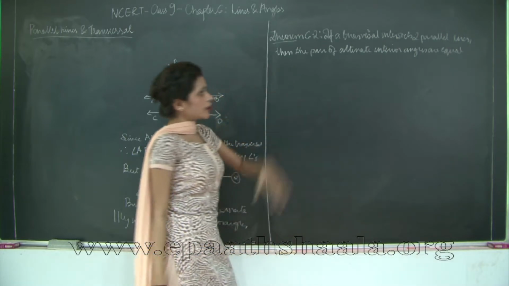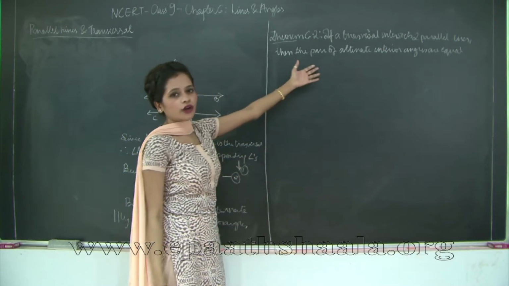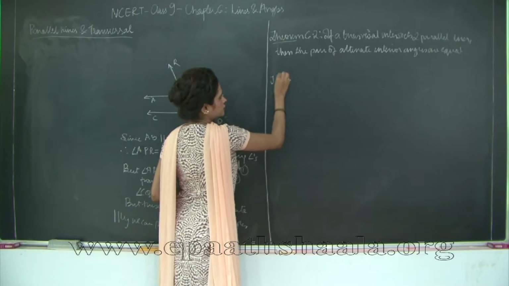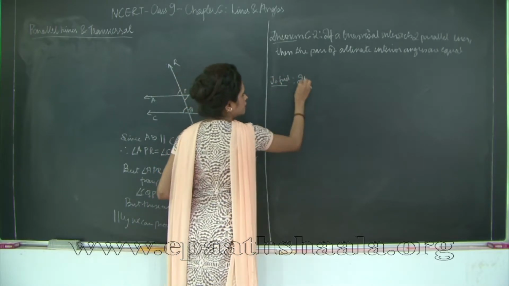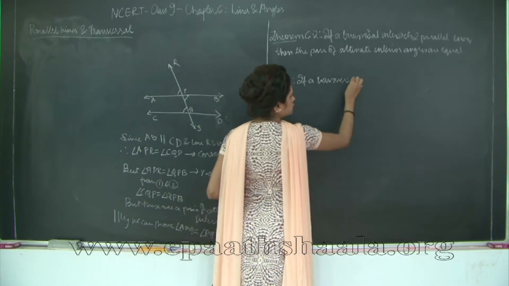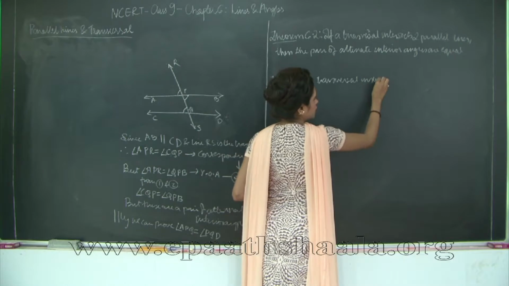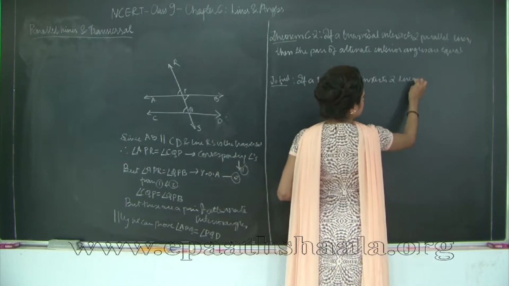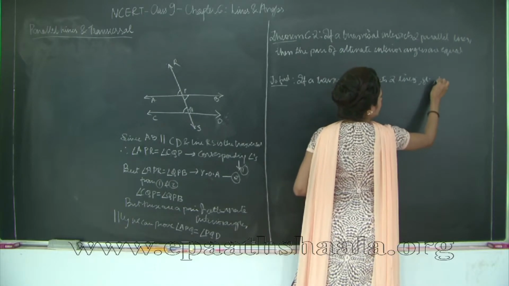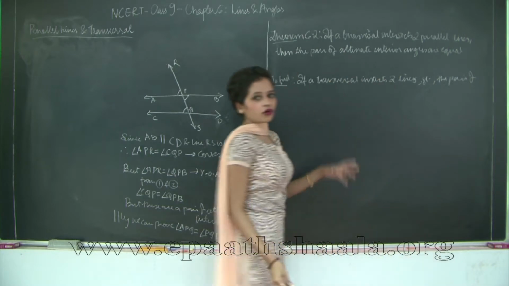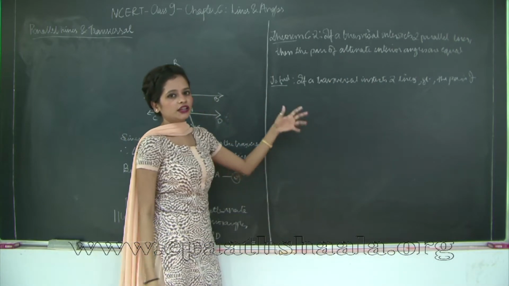Right? Now let's go ahead and find the converse of this. So the converse of this will be what? You need to find that if a transversal intersects two lines such that the pair of alternate interior angles are equal, then the two lines are parallel.